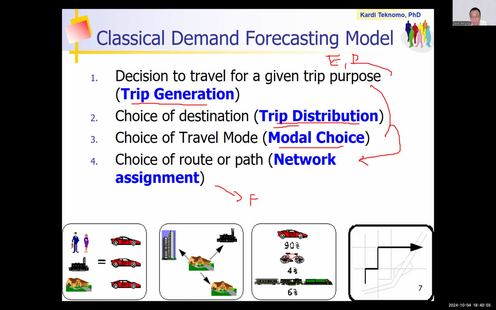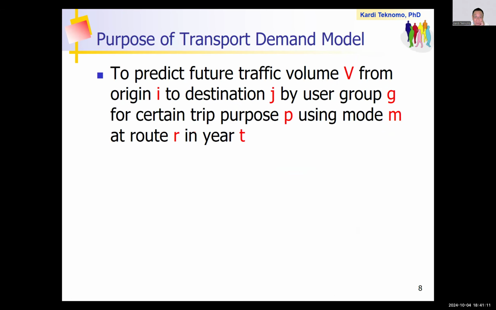Then you create the OD matrix, and then you separate them into which mode, and then which path. So the purpose of the travel demand model is to predict the future traffic volume flow from origin to destination by certain user groups, usually grouped by socioeconomic income, for a certain trip purpose, using a certain mode, at a certain route, and in a certain year in the future.